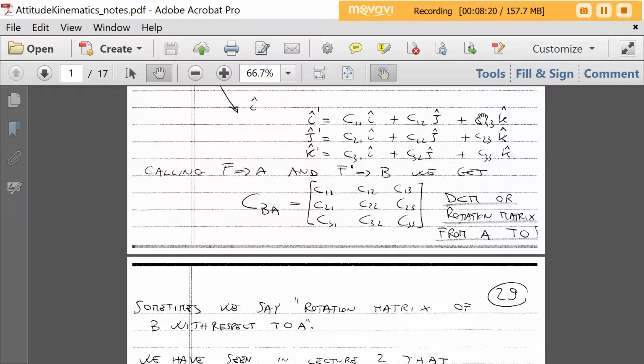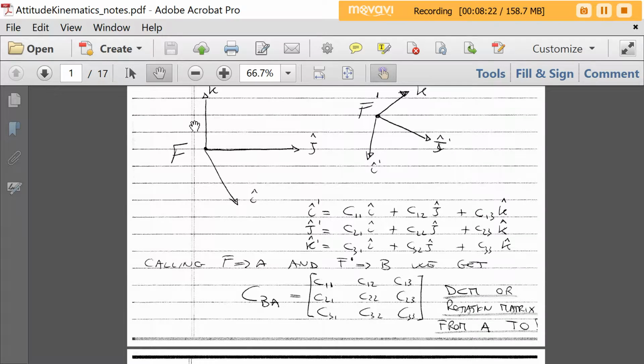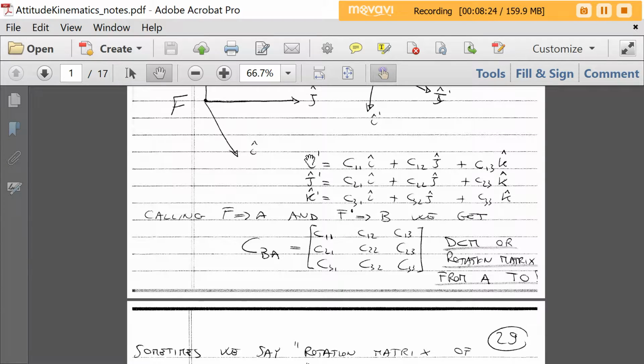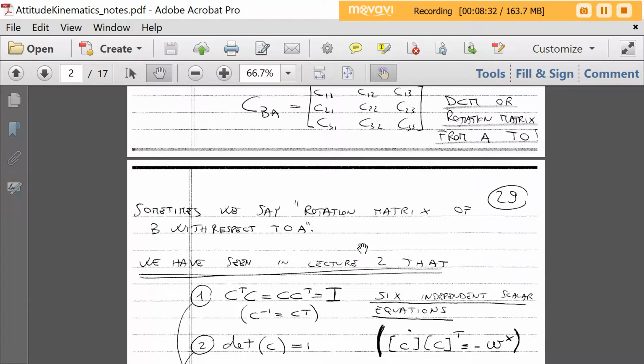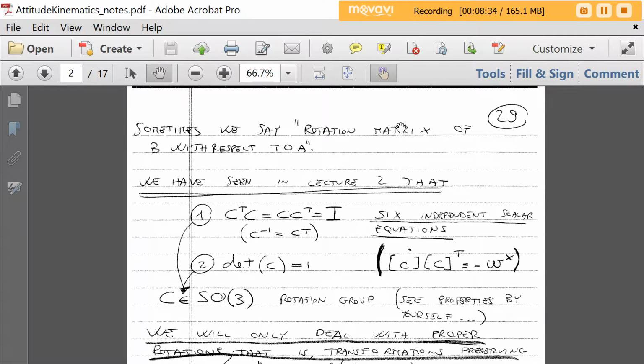You go from a basis that is fixed in A, what I used to call F, to this basis that is fixed in B, what I used to call F prime. And so you put them in this order here, and you get what is C_BA. You can also say that this is a rotation matrix of B with respect to A.